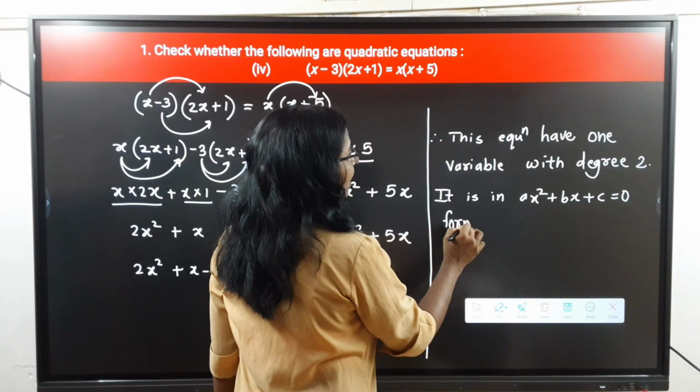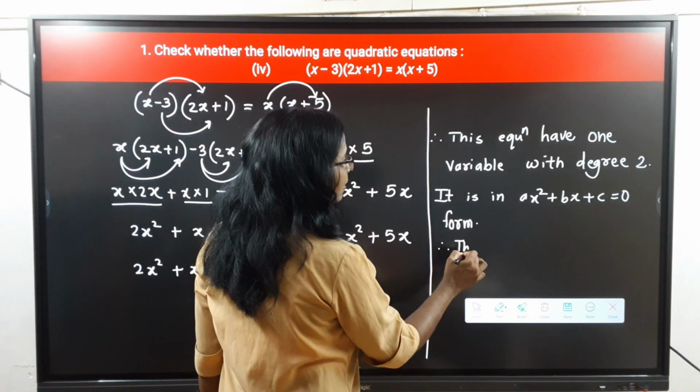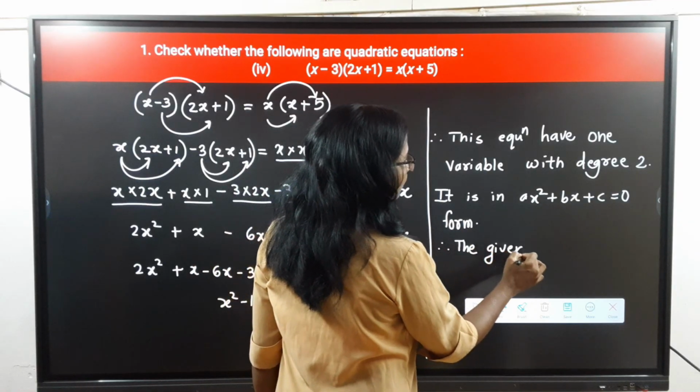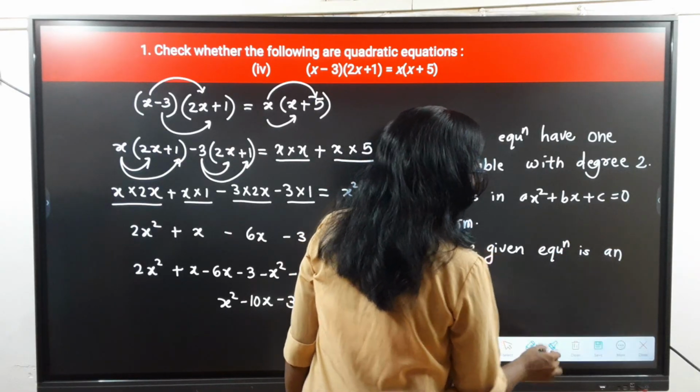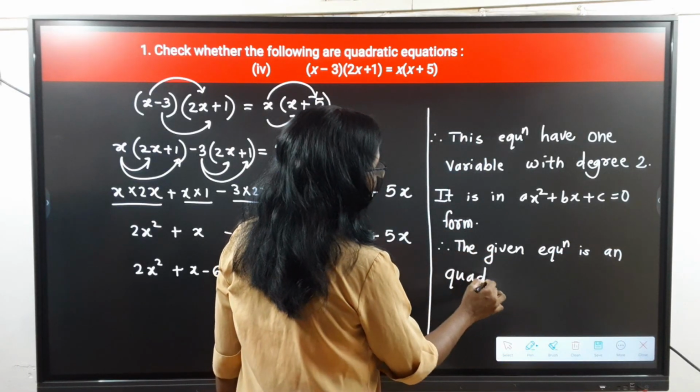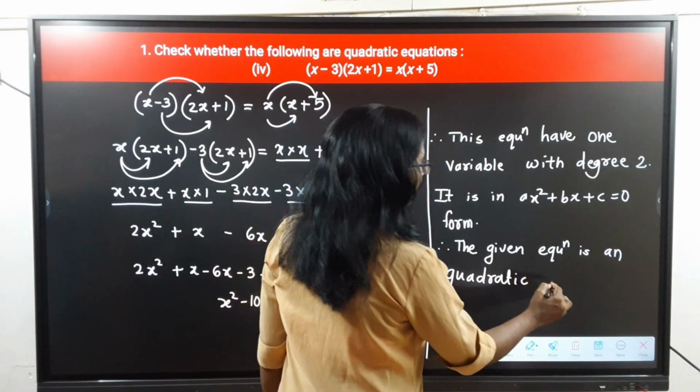And therefore we say the given equation is a quadratic equation.